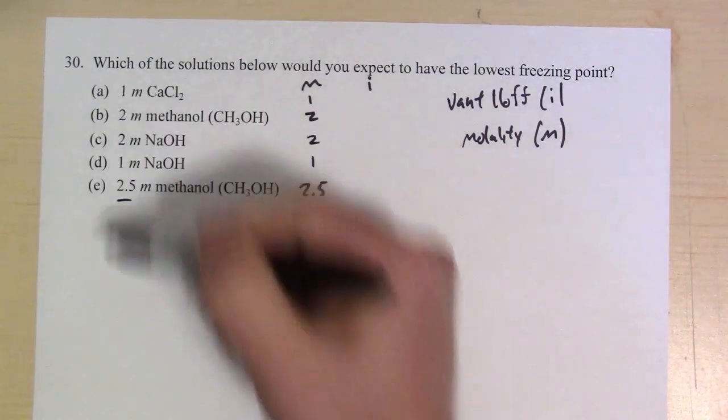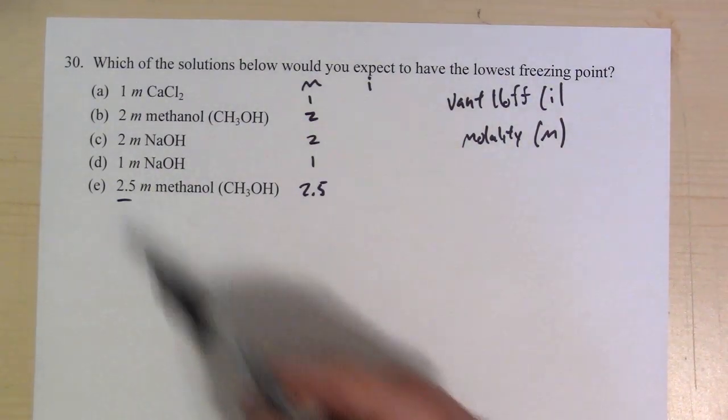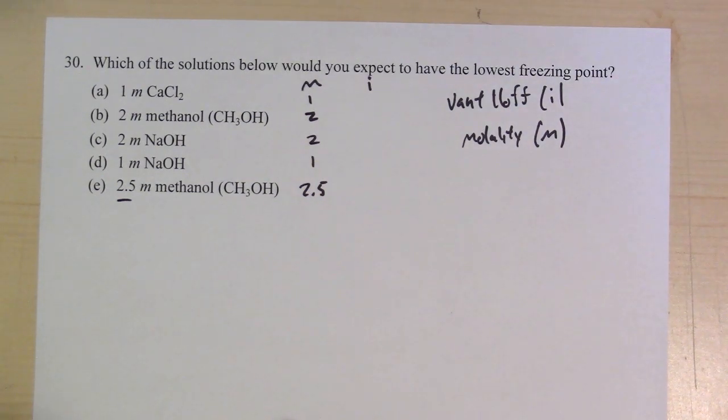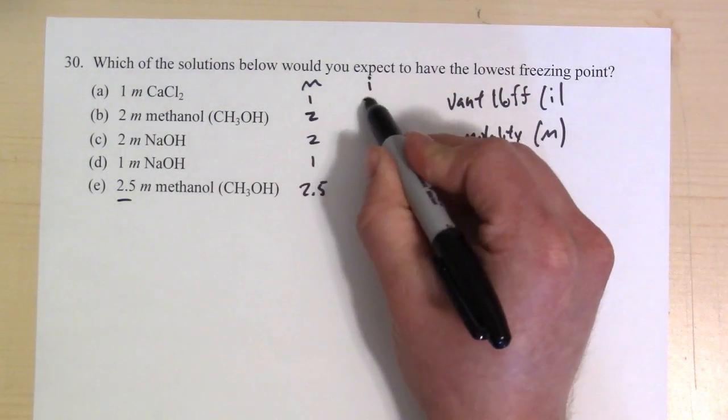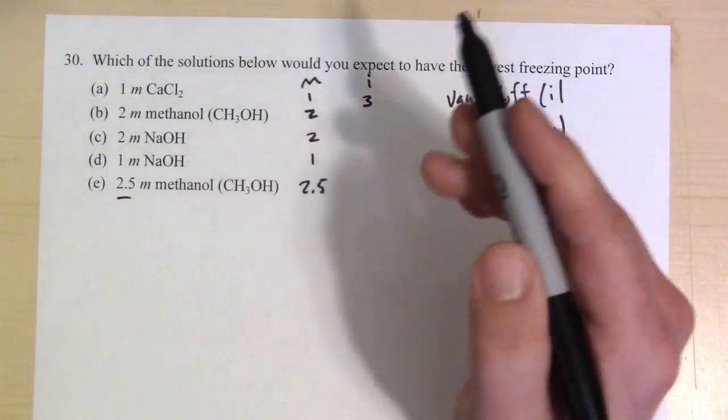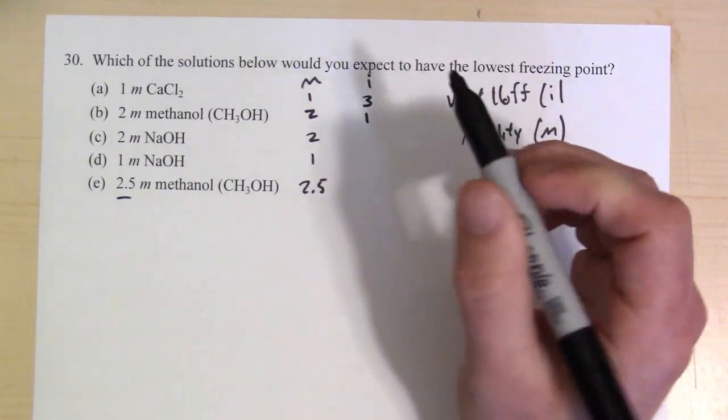And those are just the numbers that were given with the lowercase m. And the Van't Hoff factor is roughly how many ions a given solute will break into when you dissolve it into water. So calcium chloride will have 3. Methanol is a non-electrolyte, so it will have 1.